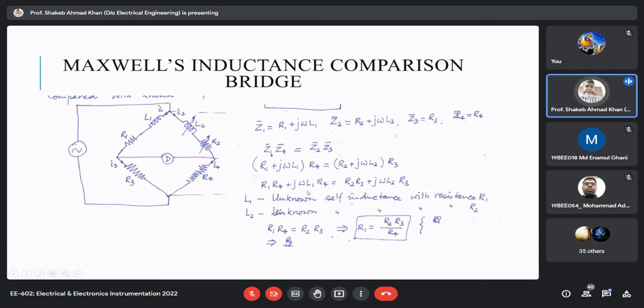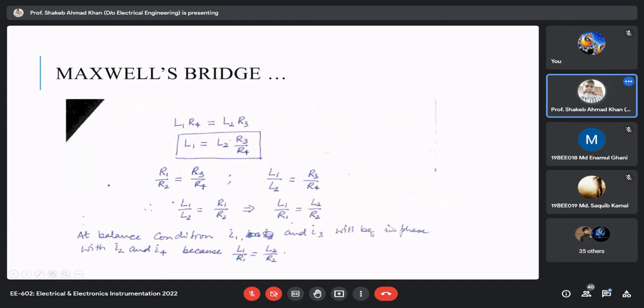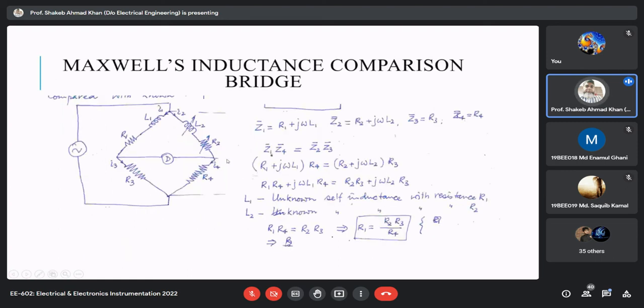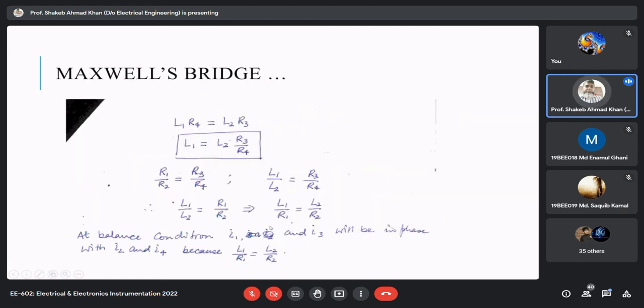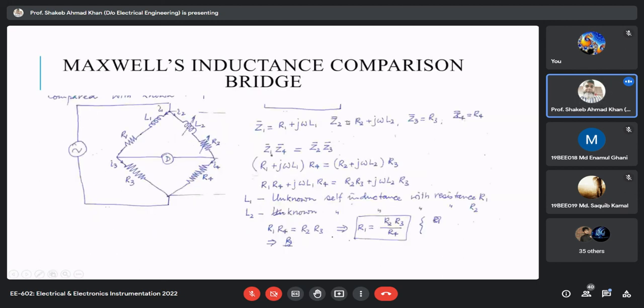When we equate the real part, we get the expression for measurement of R1, and when we equate the imaginary part, we get the expression for measurement of inductance. These two equations are called the bridge balance equations.